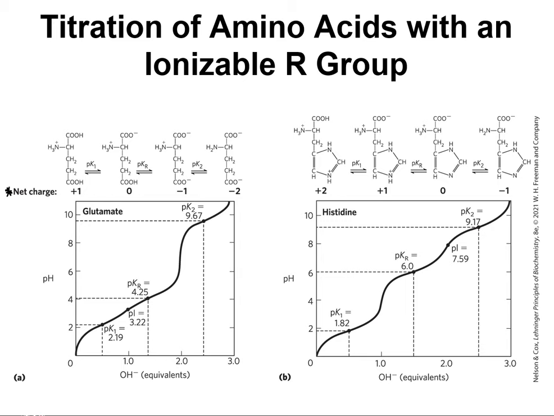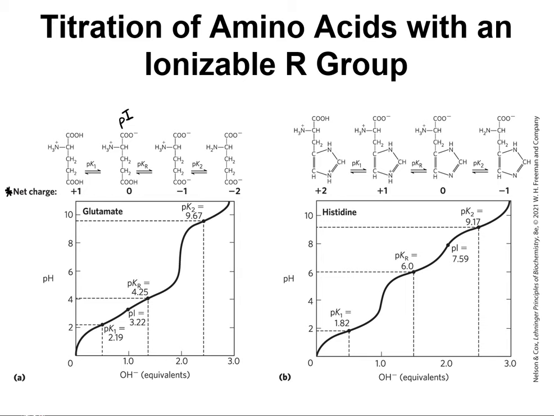In the case of glutamate, your first value is pK1. Then the next value that you get is your pI when you're doing this titration.